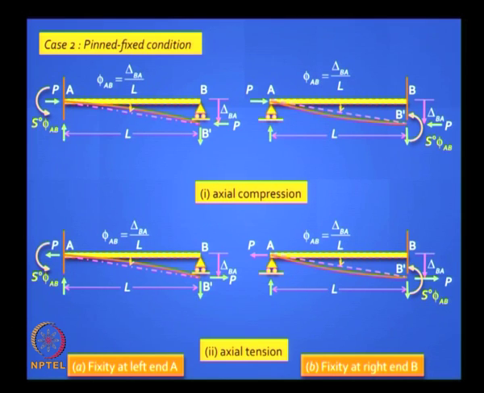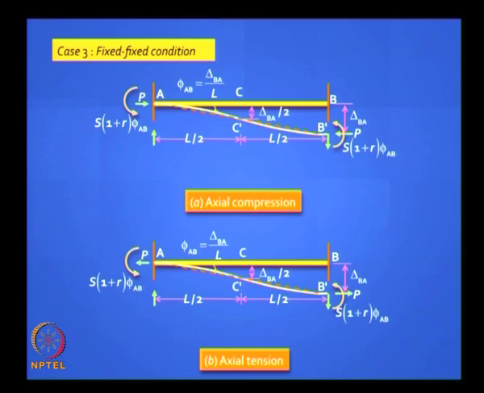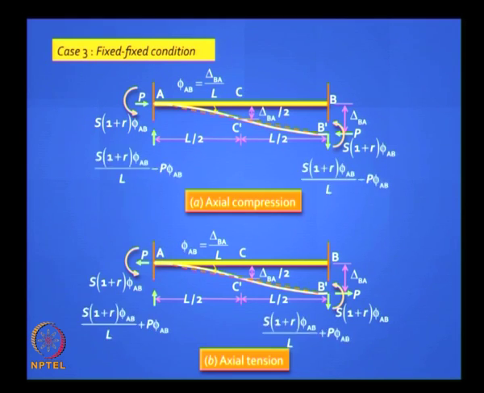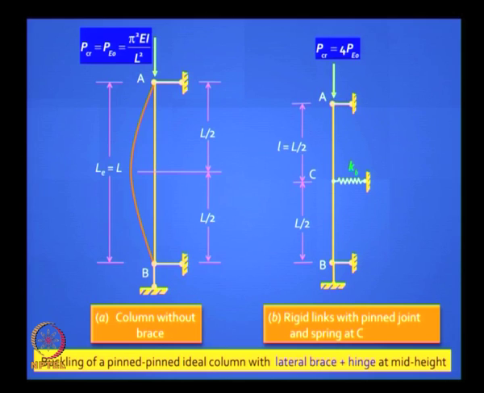Just remember, wherever you had 3 EI by L, you now start using S naught, and wherever you had 4 EI by L, you have S, and the carryover will be RS. So you have S into 1 plus R. Instead of 6 EI by L squared, you will write S into 1 plus R. That's all you need to remember, and the fundamentals are still the same. Okay, you can work out everything. So instead of 12 EI by L cubed, you will write S into 1 plus R divided by L into phi. Okay, but you also have plus or minus P phi AB in the deformed configuration.